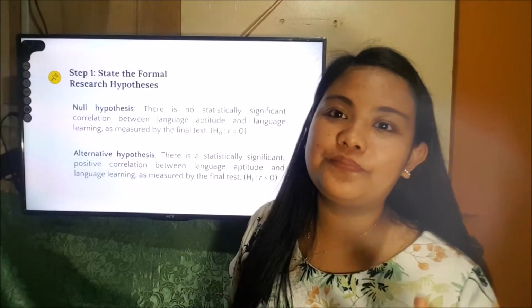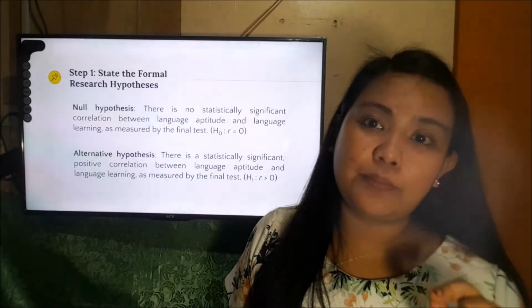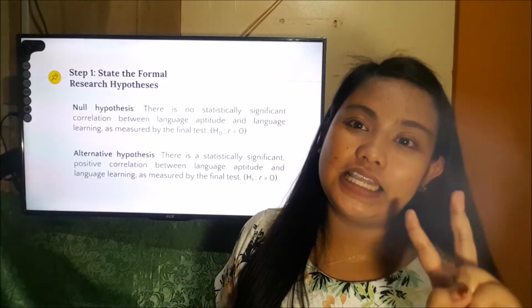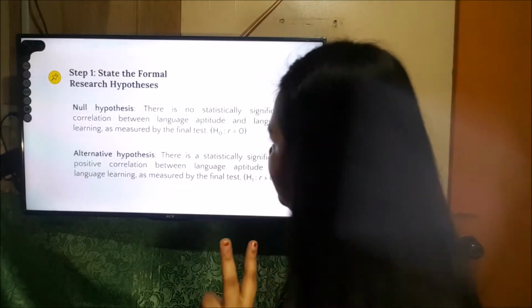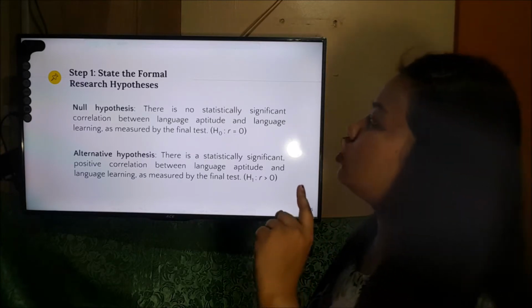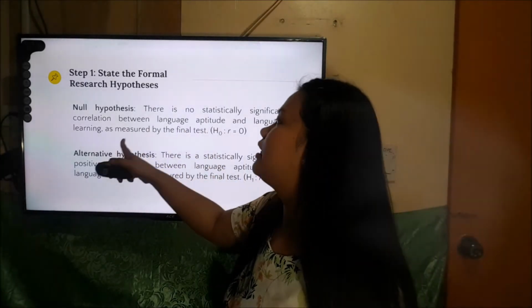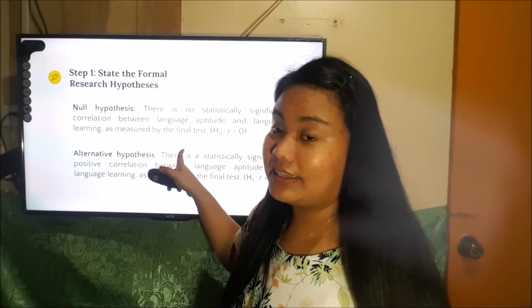Okay. So, step 1 is to state the formal research hypothesis. We have two, the null and the alternative. So, our null hypothesis is there is no statistically significant correlation between language aptitude and language learning as measured by the final test.